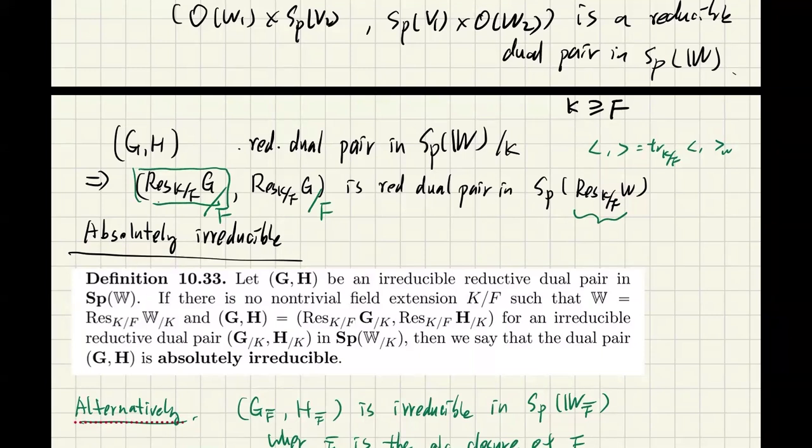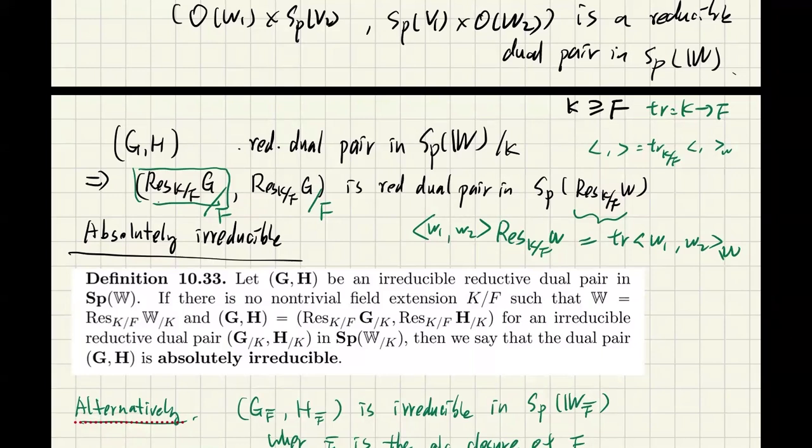So this will be a symplectic space defined over F. The form is given by, so you have a trace map from K to F. So you can define the form on the restriction of scalars of W: it takes w1, w2 to the trace of the original form of w1, w2 on the vector space W. So that it forms a symplectic group of a symplectic space over F, then this will also be a reductive dual pair.